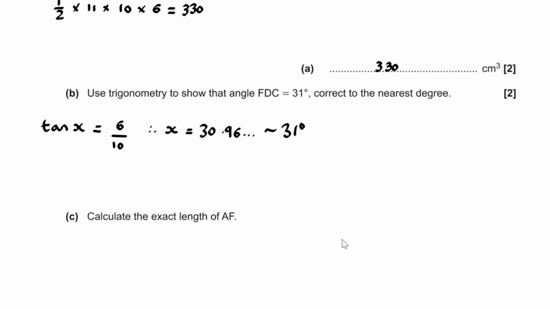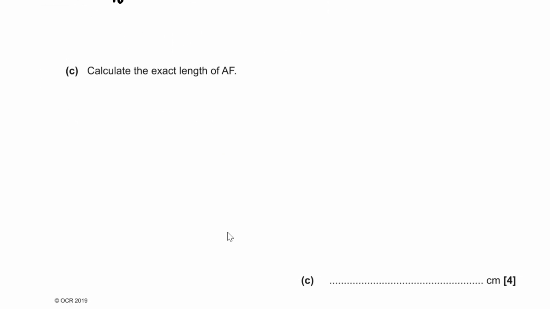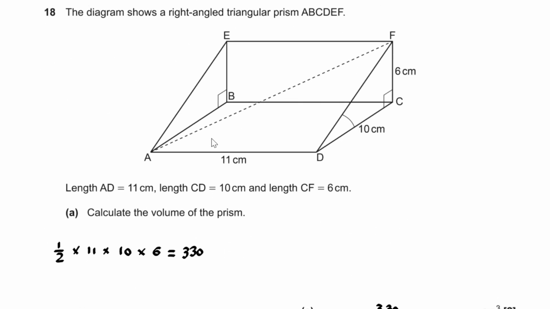And now for part C, we have to calculate the exact length of AF. So AF is this one over here. So we need to calculate that somehow. Well, what we can do to calculate the length of AF is use Pythagoras.